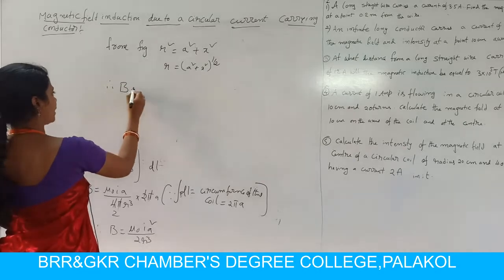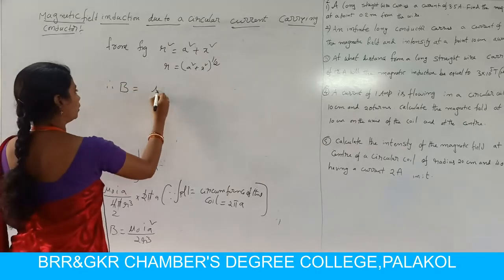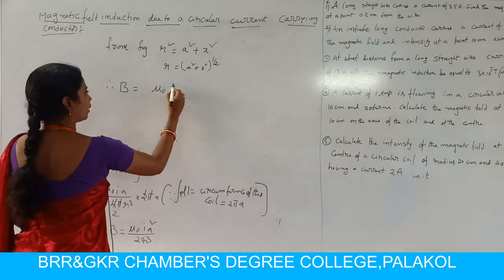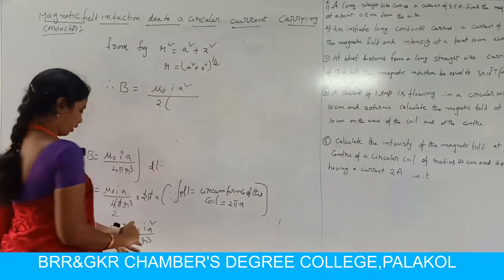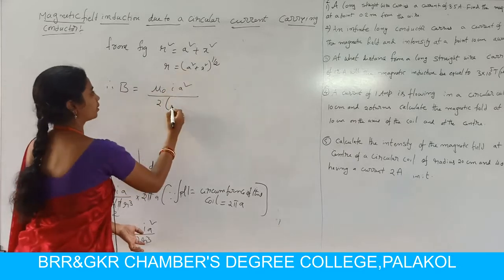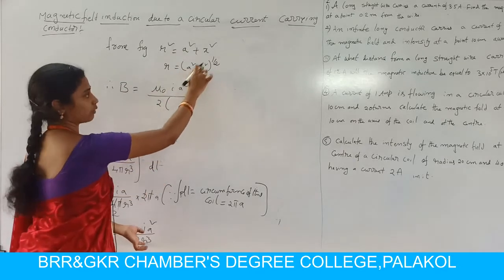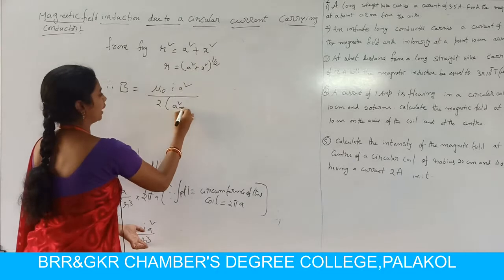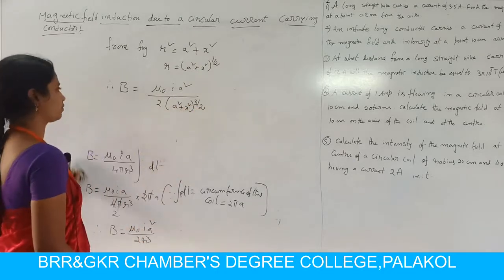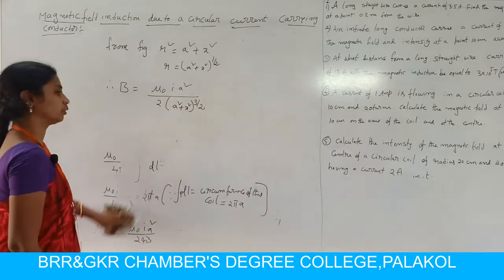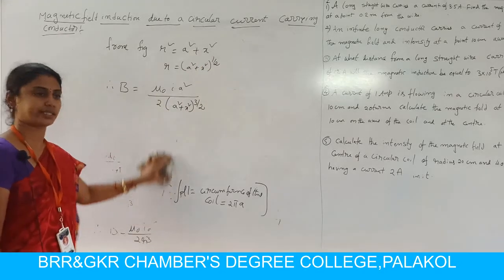Then B is equal to mu naught I A square by 2 into R cube, which becomes A square plus X square whole power 3 by 2. This is the expression for magnetic field induction due to a circular coil or circular loop.